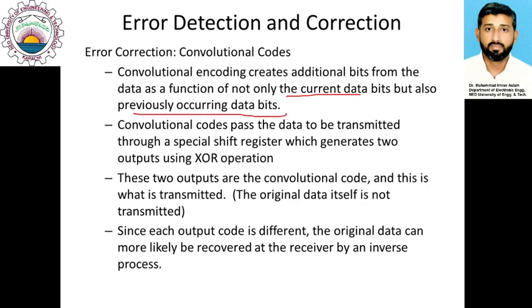It convolves those previous data bits and the current data bits to generate a code which is represented by two different outputs, and those outputs are transmitted to the receiver side. By comparing those codes, we can identify where the error occurred during transmission, and we can correct whatever errors occurred.